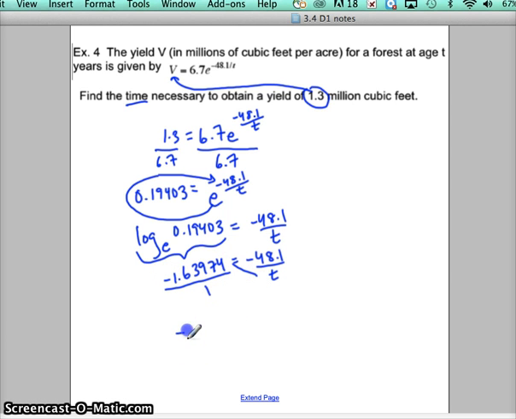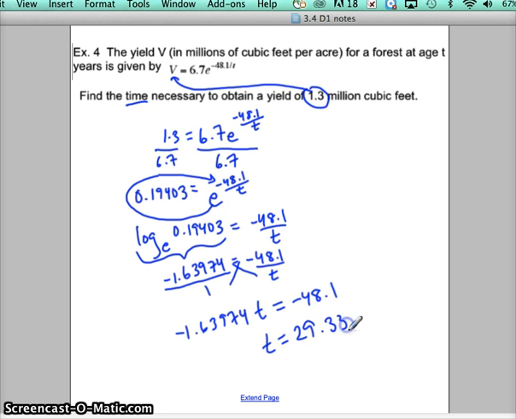So you'd have negative 1.63974t equals negative 48.1. And then to get t alone, we're going to divide by negative 1.63974.